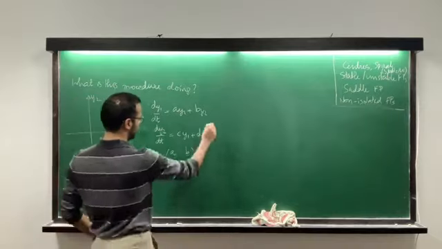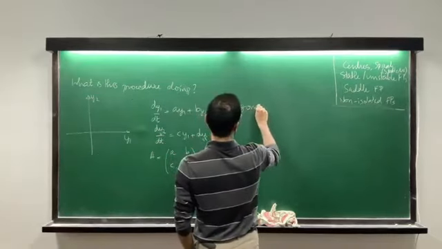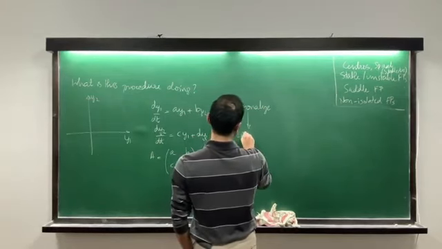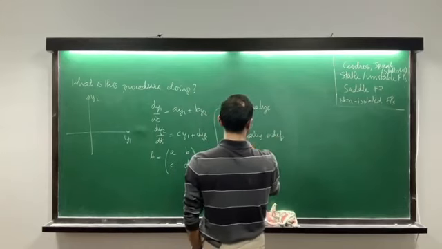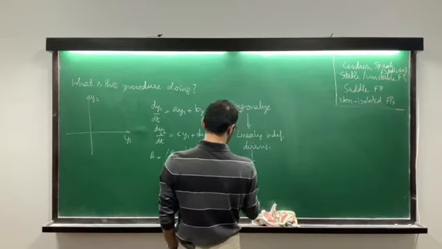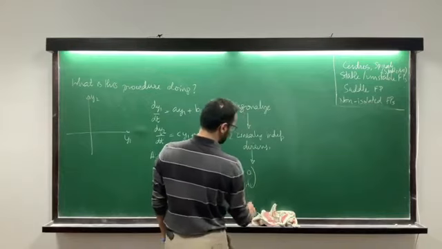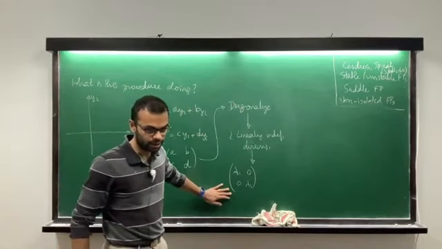So if I take this A and diagonalize it, I'm basically looking for two linearly independent directions where the matrix becomes diagonal in that representation. That's what I'm doing when I diagonalize the matrix.